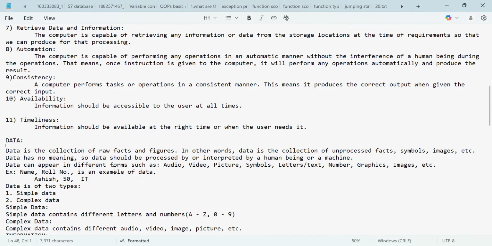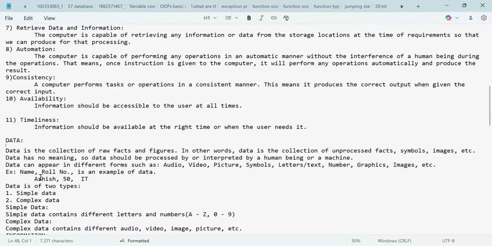Data can appear in different forms such as audio, video, pictures, symbols, letters, numbers, graphics, and images. For example, we write name, roll number, and subject. This is data.